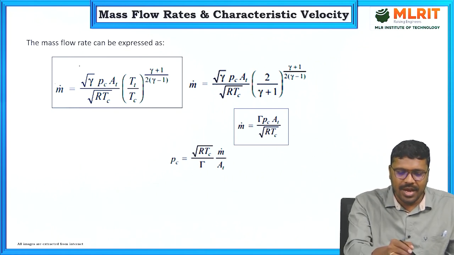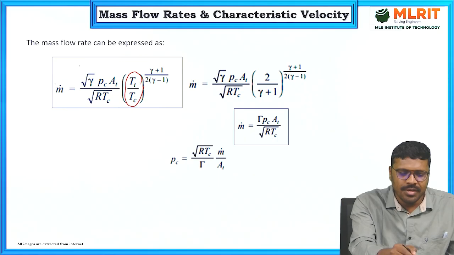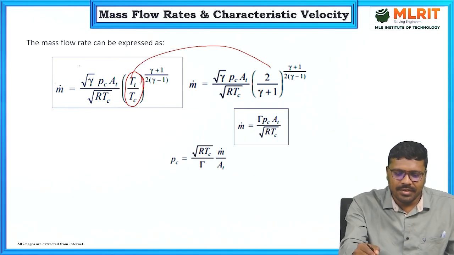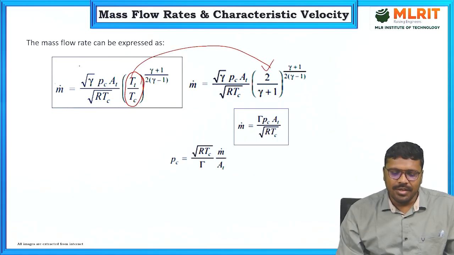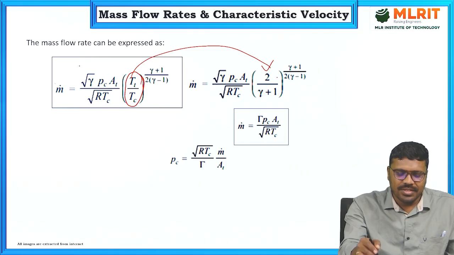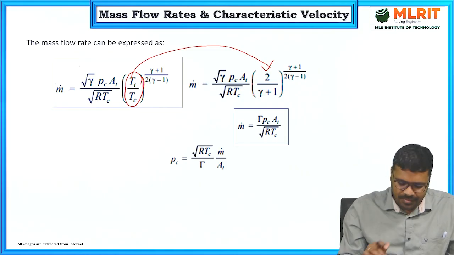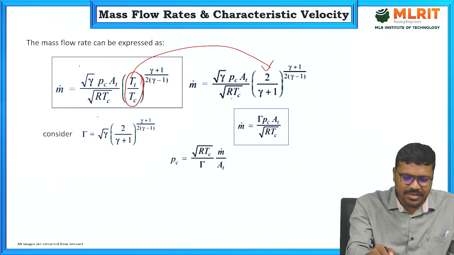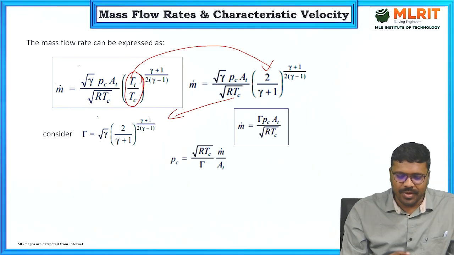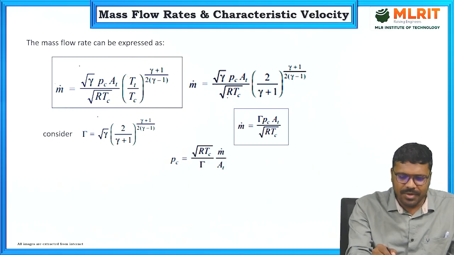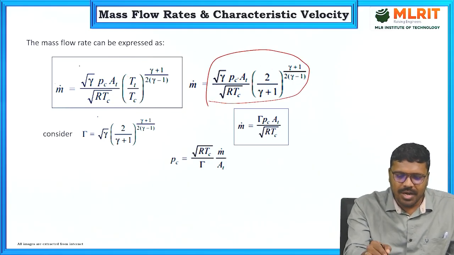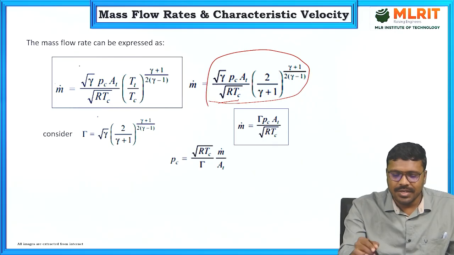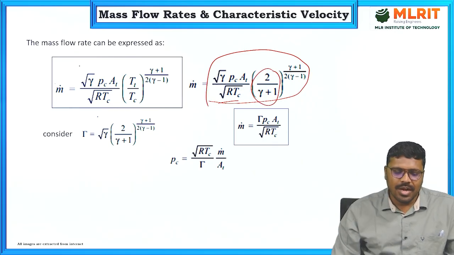And we have an equation for Tc by Tt also, that can be substituted here, that is 2 by gamma plus 1. If you further substitute that, m dot will become under root gamma Pc At by under root R Tc into 2 by gamma plus 1 whole to the power of gamma plus 1 by 2 into gamma minus 1.